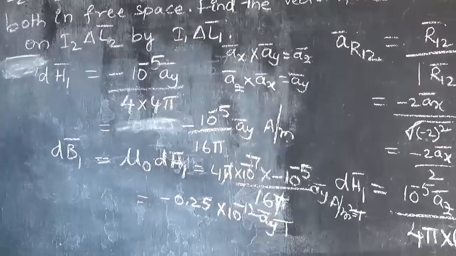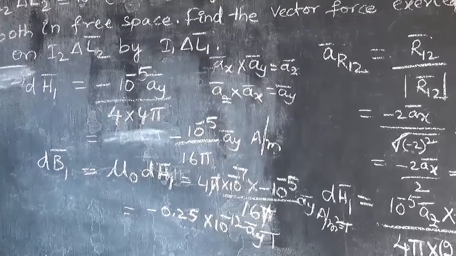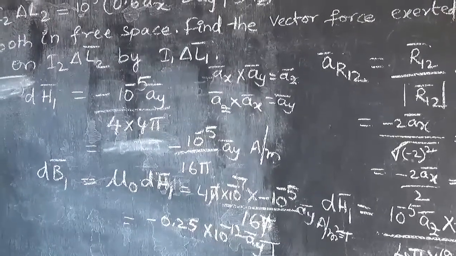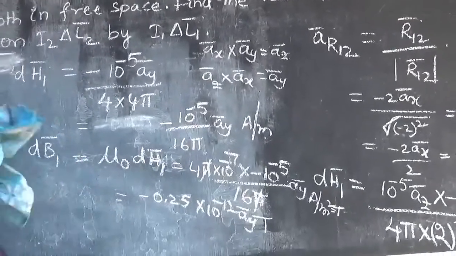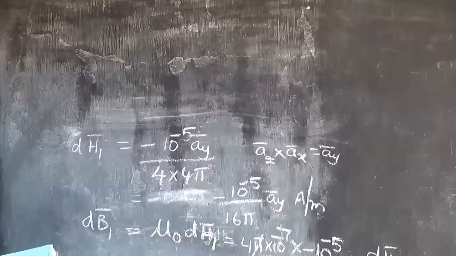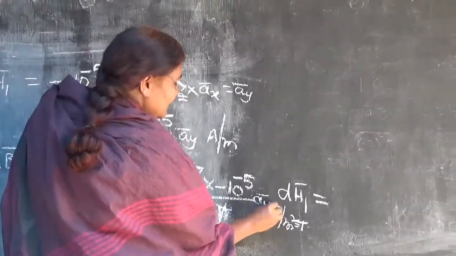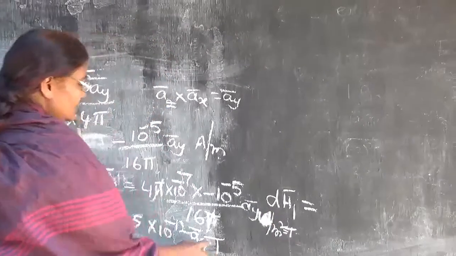And now, what is the value of F1? Here, this is not ampere per meter square, it is Weber per meter square, which is called Tesla.